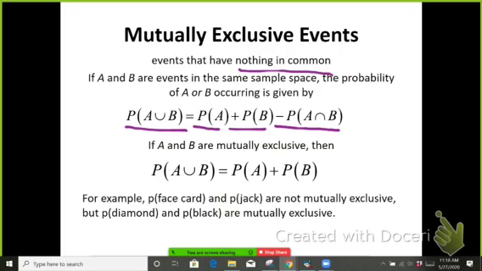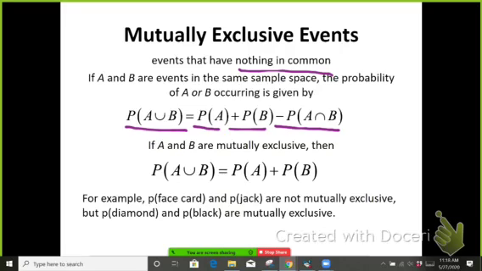We'll get into more specific examples, but pretty much if 2 things aren't mutually exclusive, like, if you remember the deck of cards on the previous slide, picking a jack, a face card, let's say, or picking a heart. Since there are jacks of hearts, they're not mutually exclusive. If you pick a jack, you might also pick a jack of hearts, or you might pick a jack that's not a jack of hearts.